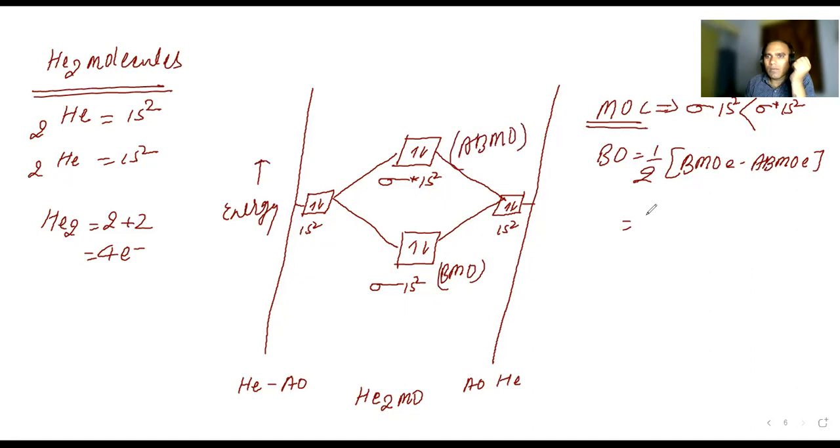So 1/2 in bracket, BMO electrons: how many are there? 2. ABMO electrons: 2. So 1/2 multiplied by 2 minus 2 gives 0.